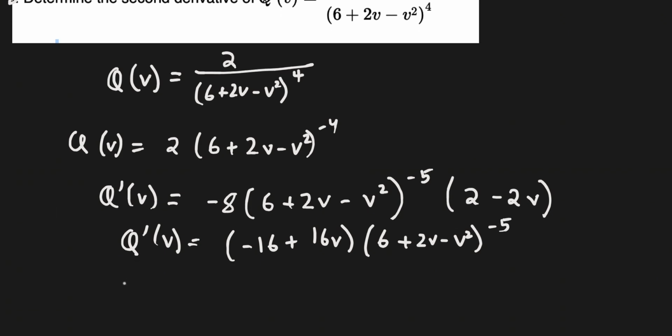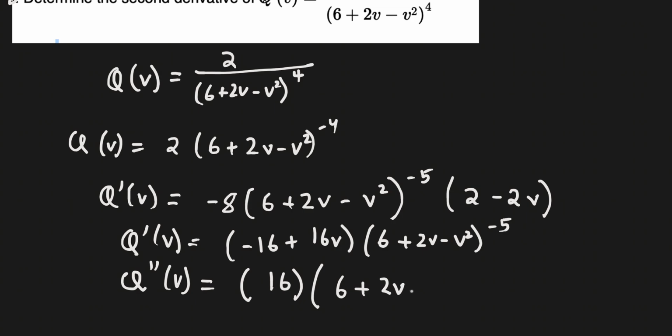Now we have our beloved product rule. So the double prime is equal to the derivative of the first, which is just going to be 16, times the second, which is 6 plus 2v minus v squared raised to the negative fifth power.